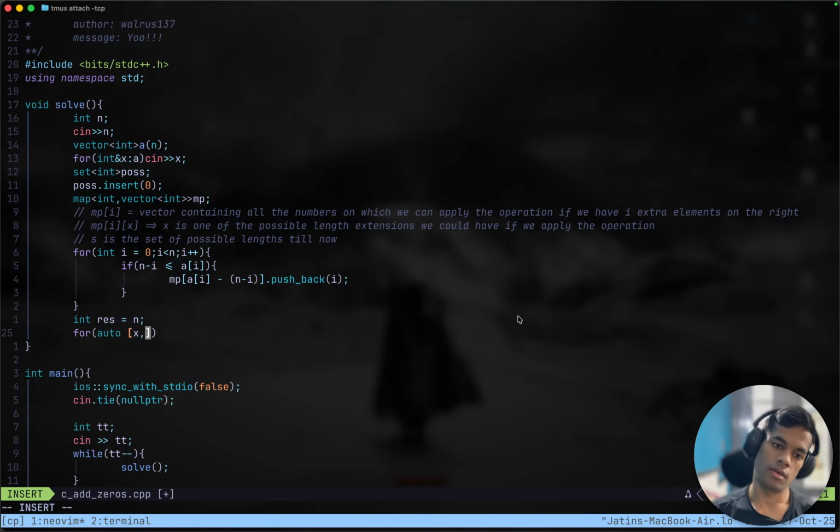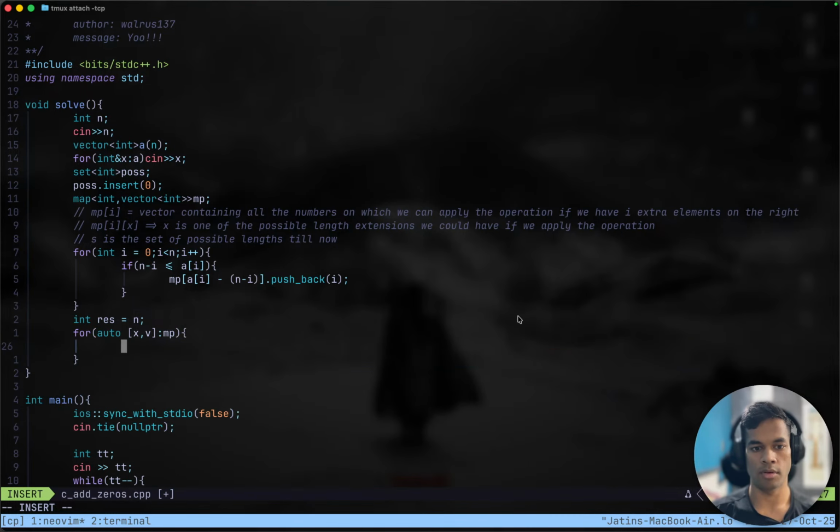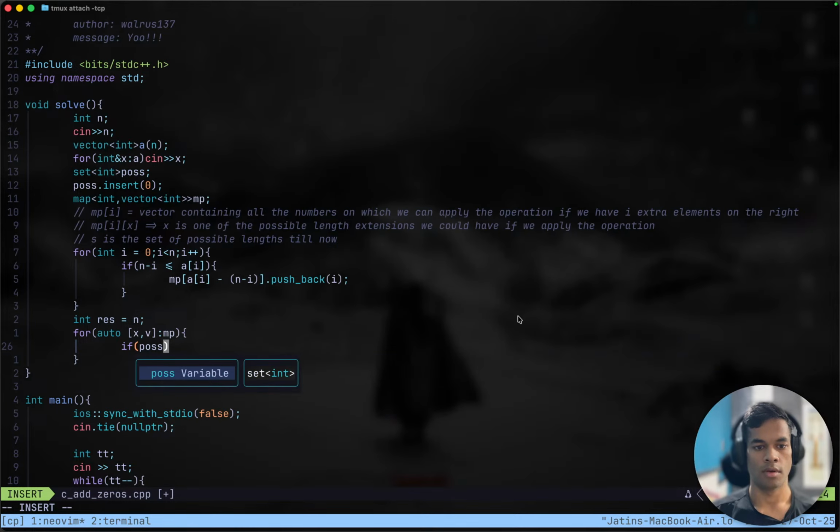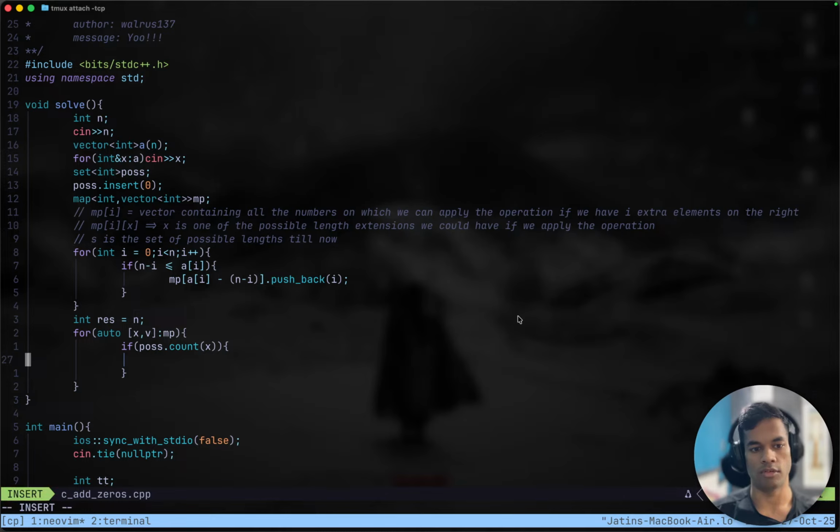x comma y, v vector in map. If x is a length which is possible, right? If set possible count x, if x is a length which is possible, then v is all the lengths which are possible. Okay, then yes, v.